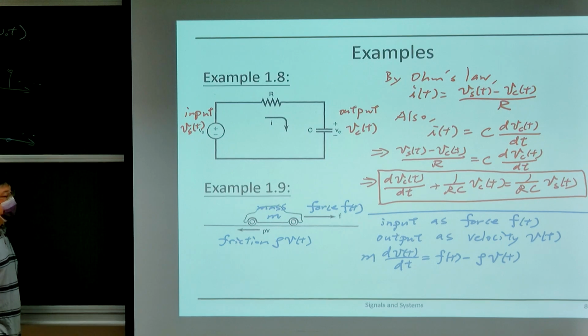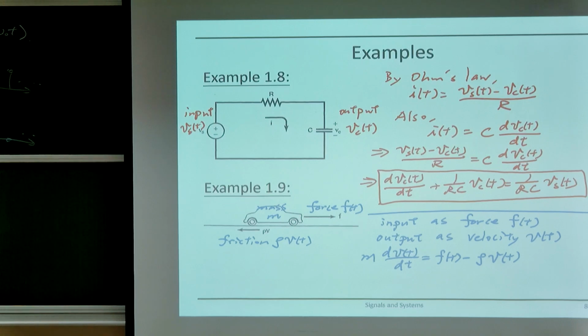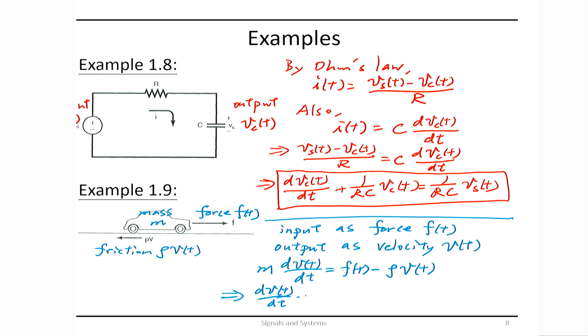Again, we're accustomed to writing the output on the left-hand side and the input on the right-hand side. So if you move things around, you'll get the derivative of v plus rho over m v of t equal to 1 over m f of t.